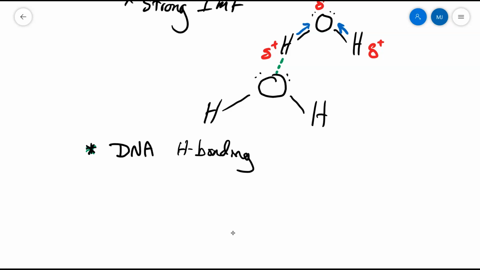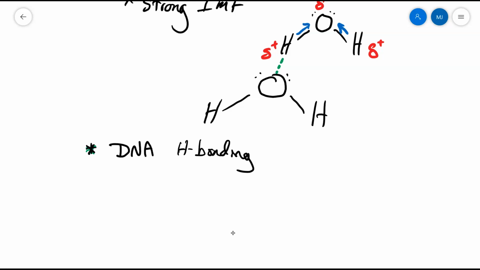And when you think about DNA, in order to undergo replication, you need to pull those strands apart, or in order to read them for building proteins, you have to pull strands of DNA apart and then pack them back together again. So you need a strong bond, but not too strong. A covalent or an ionic bond would be too strong.